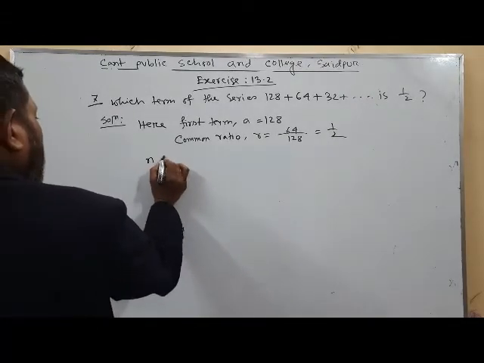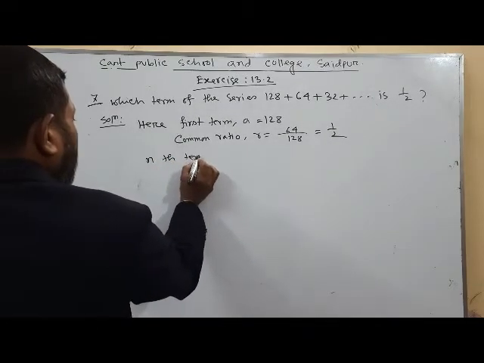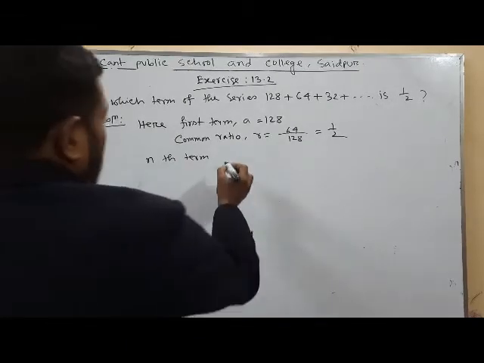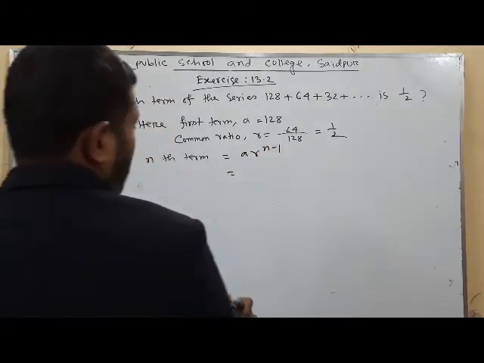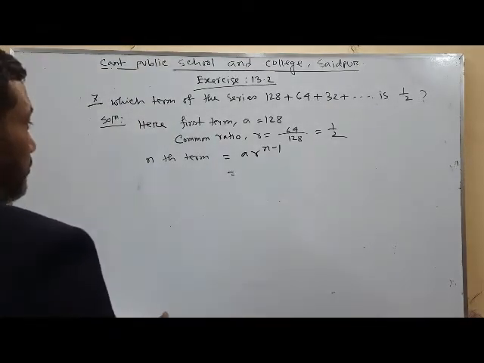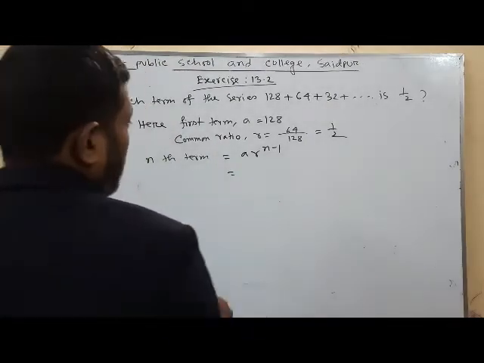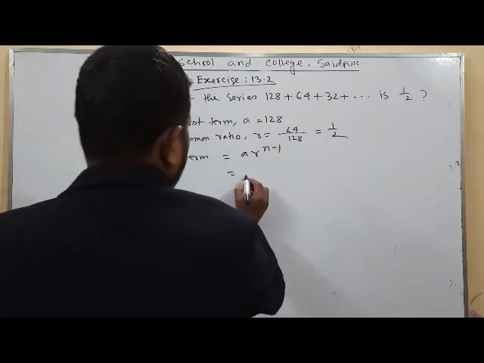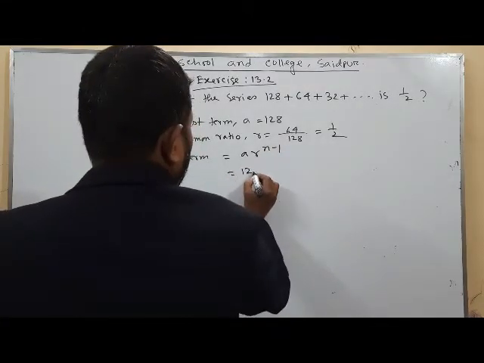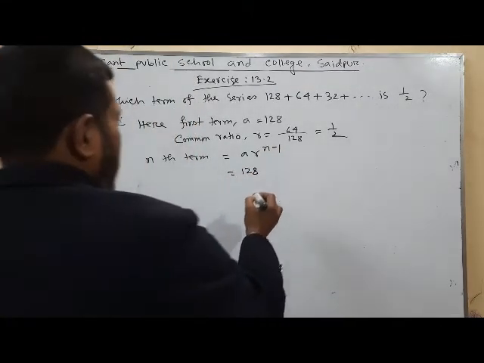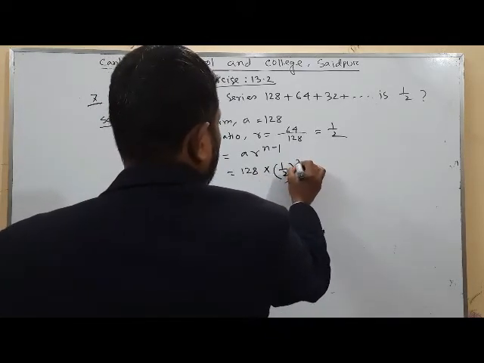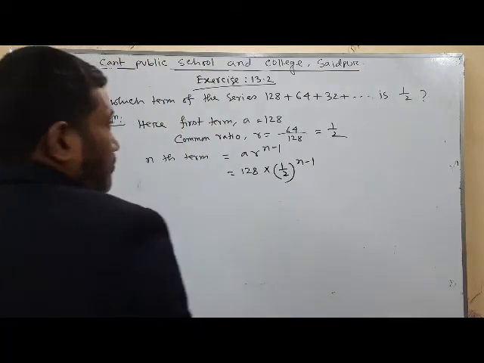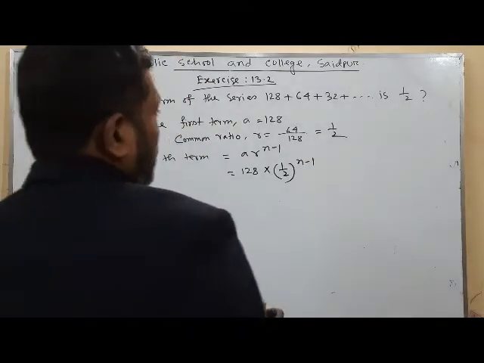So the nth term of the series will be a r to the power n minus 1, here a is 128 and r is half.